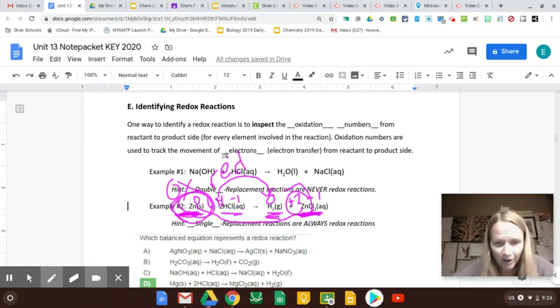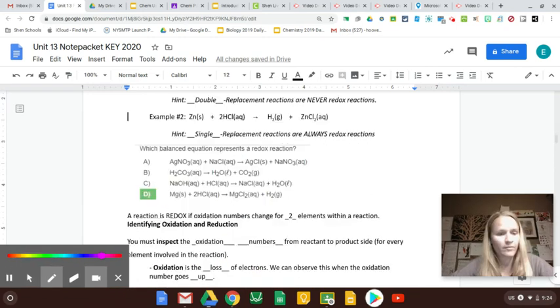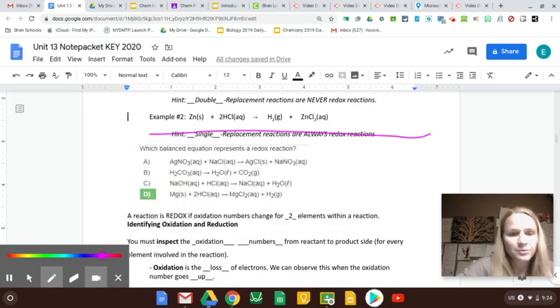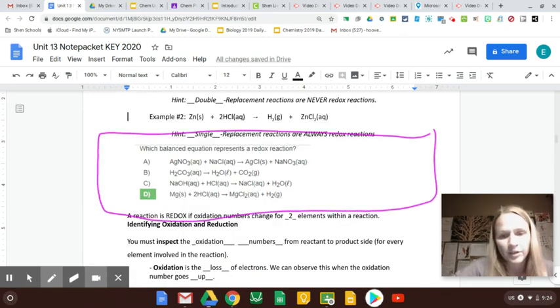So when I see a hard problem like this one below, where they ask which balanced equation represents a redox reaction, I'm like, oh my God, the way to figure out redox is to assign oxidation numbers. I don't want to assign oxidation numbers to every single part of every single one of these. That's going to be so annoying.